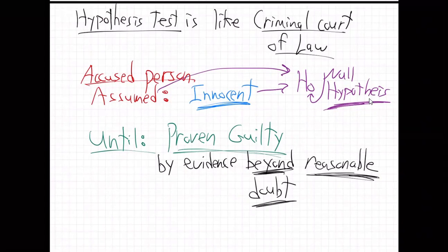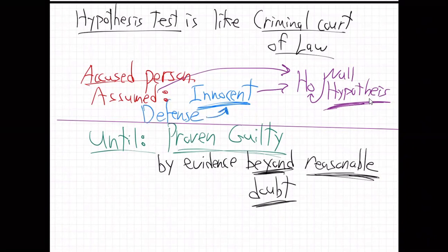And then the alternative, right? This is what the defense assumes. Let me draw a line here between the two of these. So this side is what the defense tries to prove. They try to prove the person's innocent, and you assume they're right.